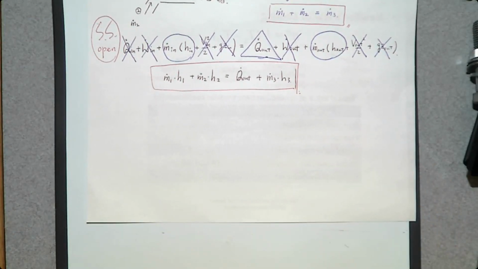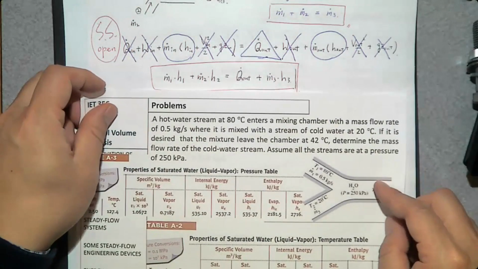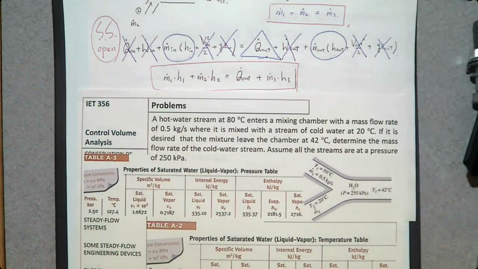Then let's solve a problem together. Which one? This one. A hot water stream at 80 degrees Celsius enters at number 1 and 20 degrees Celsius water enters at number 2.